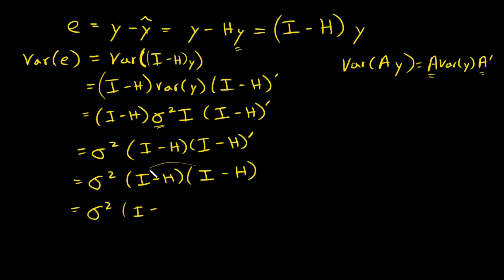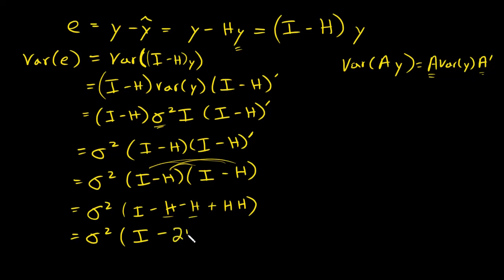I times H is just H. H times I is just H. And H times H is H. So I have I minus 2H plus H. You have minus 2 H's plus 1, so you're left with only one negative H. There you have it: sigma squared times (I minus H).